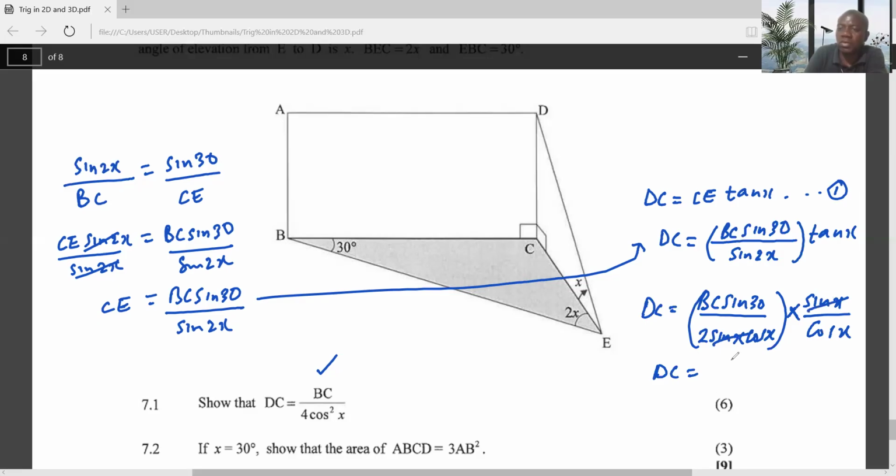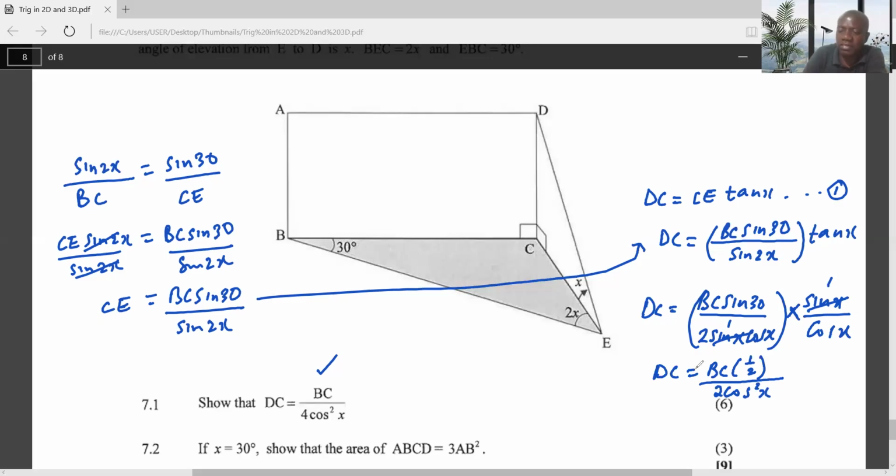So those two have divided. We remain with BC. What is sine theta? It's half divided by, here it's 1 and the numerator it's 2 cos x multiplied by cos x. This is 2 cos squared x.